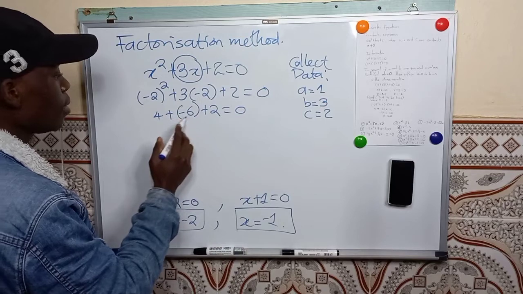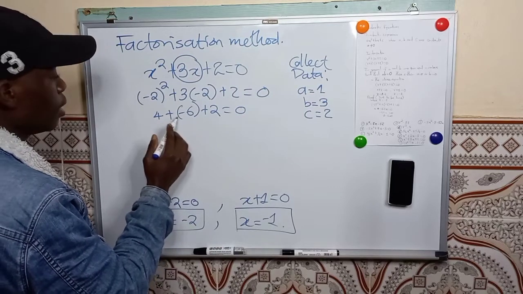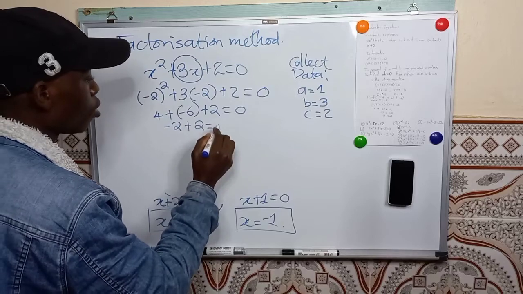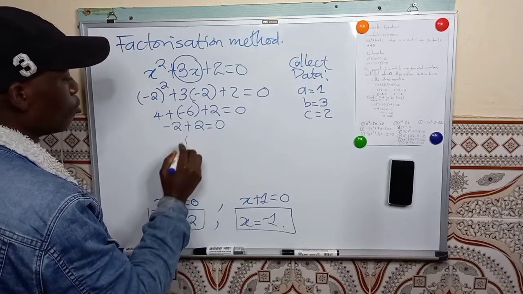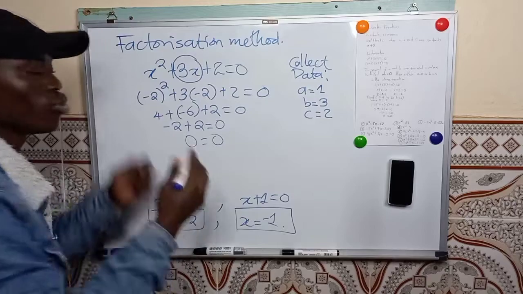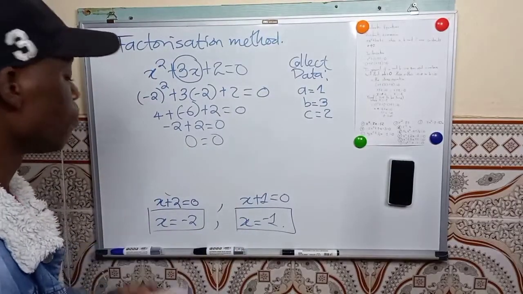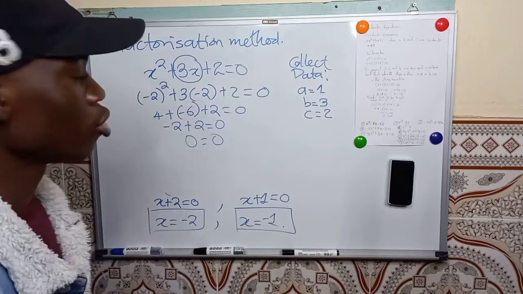So 4 minus 6 is -2, plus 2 is equal to 0. Hence, we've proved that the answers we found are correct. So this is how you solve a quadratic equation using the factorization method.